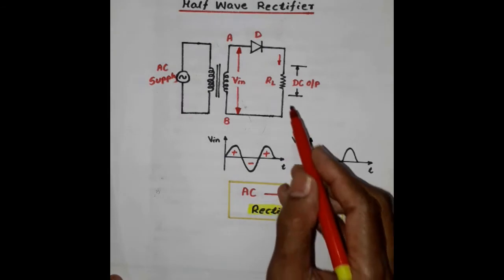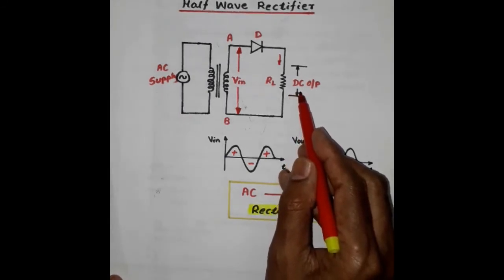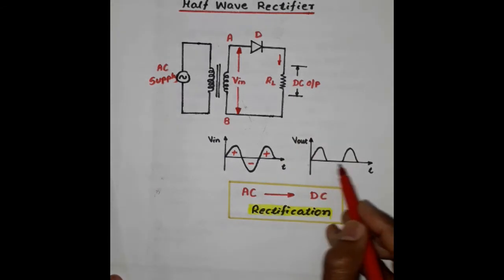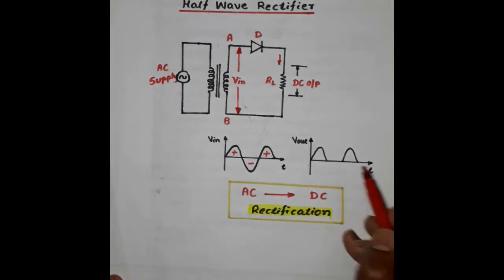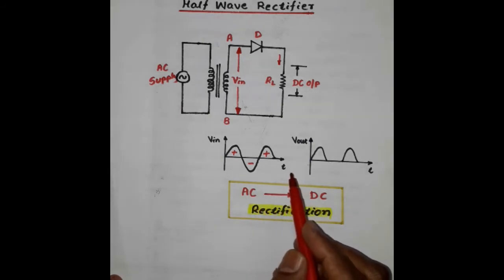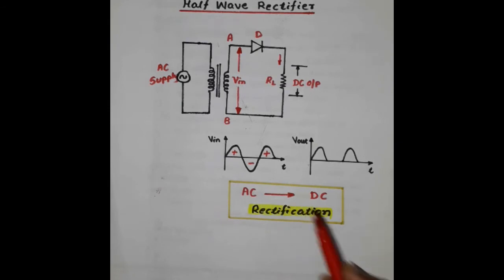That's why we can definitely say that we get DC across the load resistance RL. So this output voltage is of DC type, and that's why we can say that this circuit, half wave rectifier, converts AC into DC. This rectifier gives us required DC voltage at the output, and this process is called rectification.